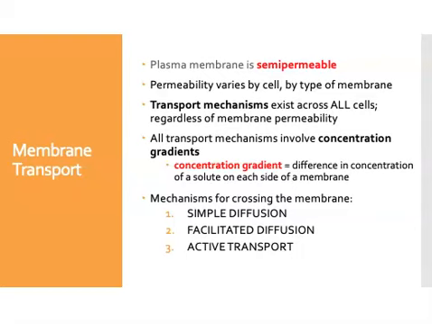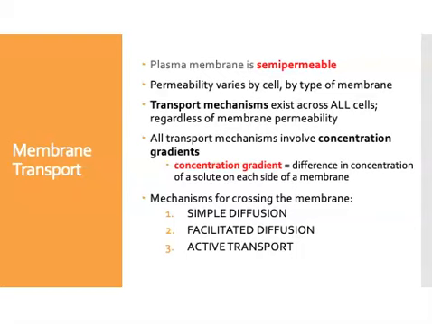A concentration gradient is simply a difference in concentration of some solute on each side of a membrane. So on one side there's a higher concentration, and on the other side there's a lower concentration. The membrane is in the middle. That is a concentration gradient across that membrane. That's the language that we use to describe it.